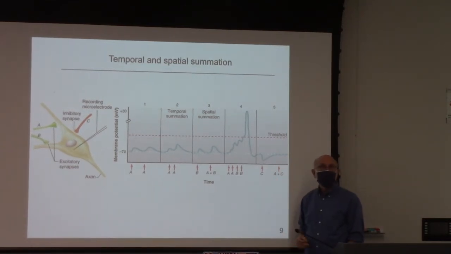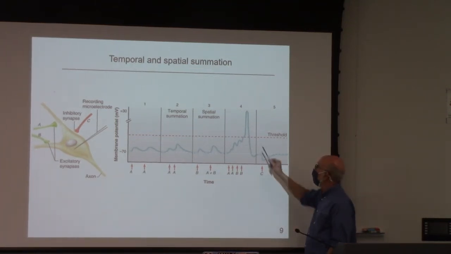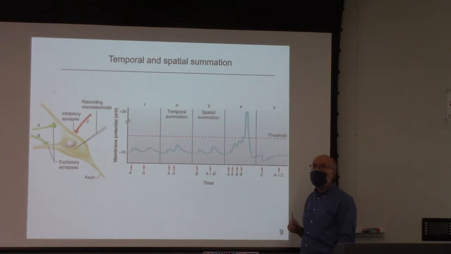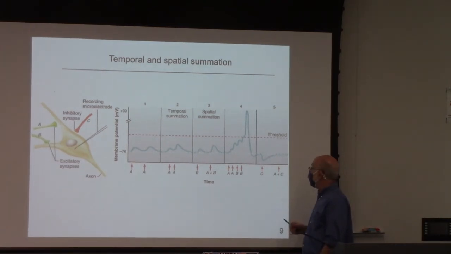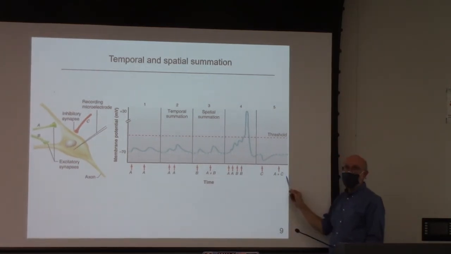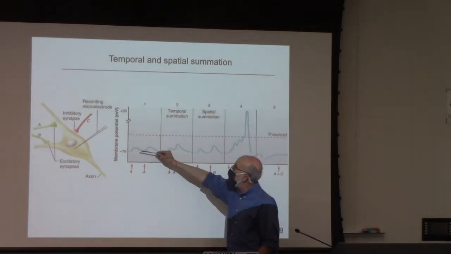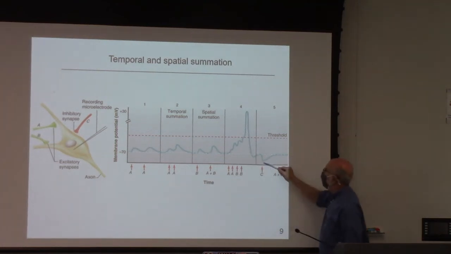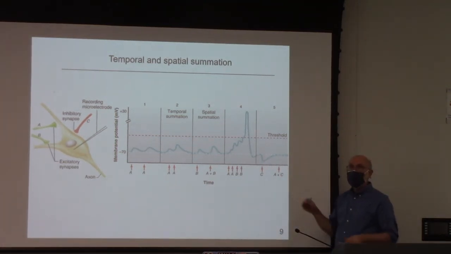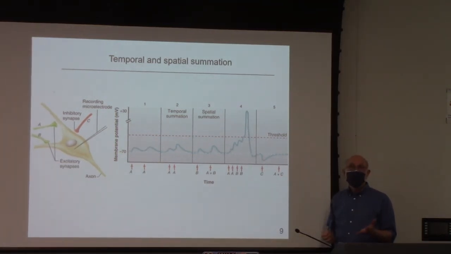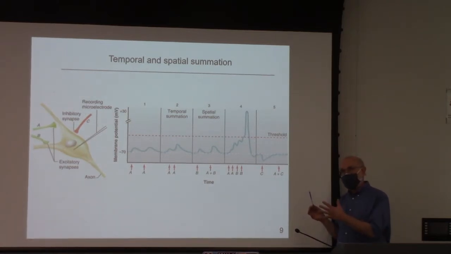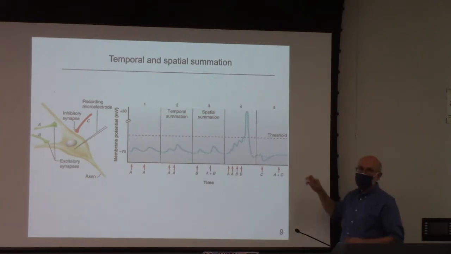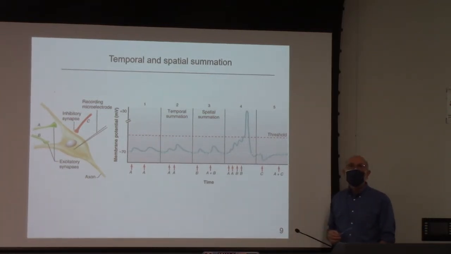Okay, questions about synaptic potential summation? This is where we're going now, is to talk about action potentials. Of course, there's summation of inhibitory and excitatory potentials as well. If we have a bunch of excitatory EPSPs, but we also add in an IPSP, the summation of a hyperpolarization with a depolarization results in less depolarization, a smaller one.